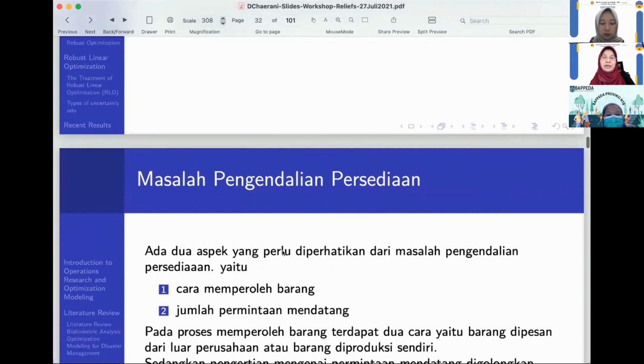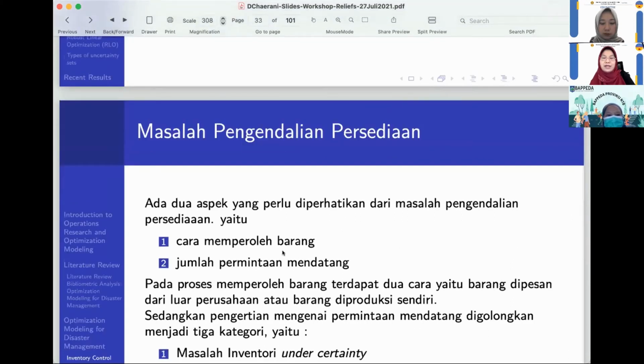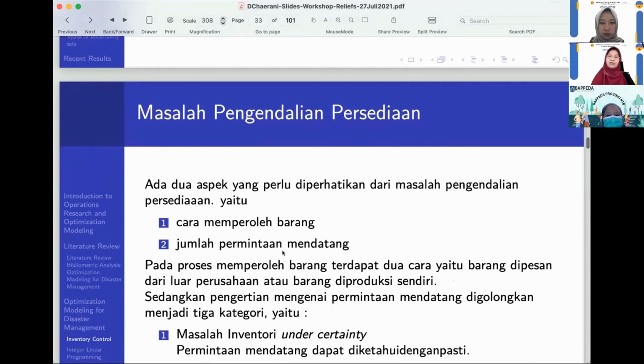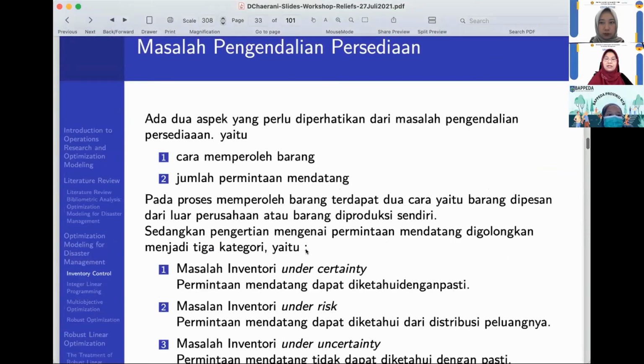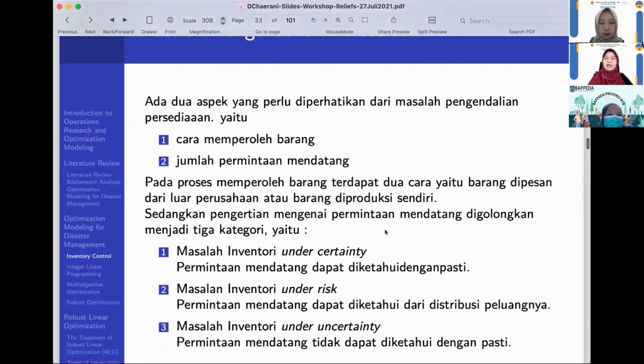Kemudian aspek apa saja yang harus diperhatikan dalam masalah pengadaan persediaan, yaitu cara memperoleh barang dan berapa jumlahnya. Permintaan dikategorikan: inventory under certainty, permintaan mendatang diketahui dengan pasti; inventory under risk, permintaan mendatang dapat diketahui dari distribusi peluang; dan inventory under uncertainty, permintaan mendatang tidak bisa diketahui dengan pasti.